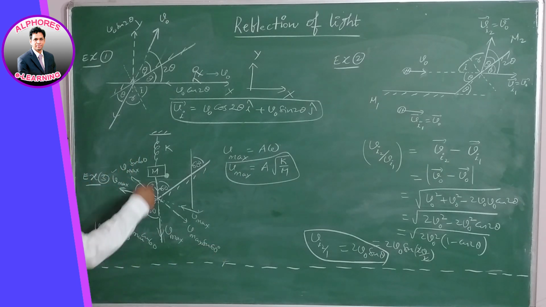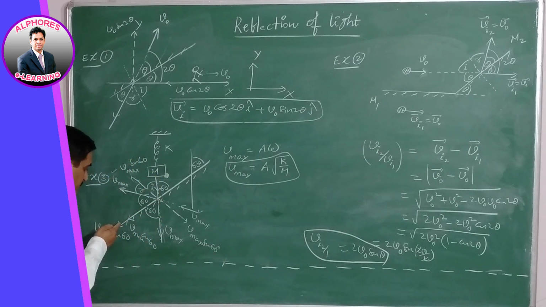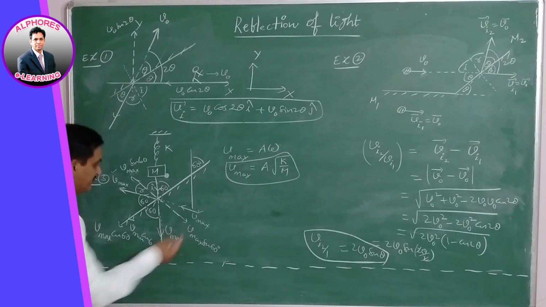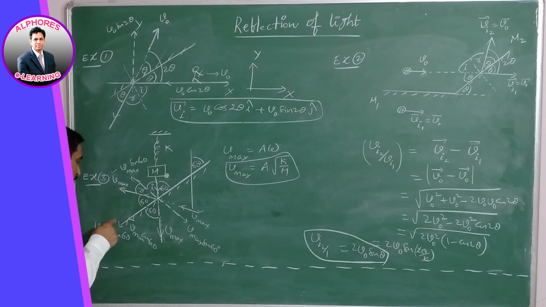See here, for the object there are two components, the cos and sin components. For the image there are also two components, cos and sin. So, using the concept of relative velocity, relative to each other, both have the same magnitude and the same direction.